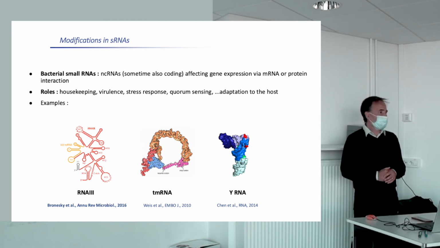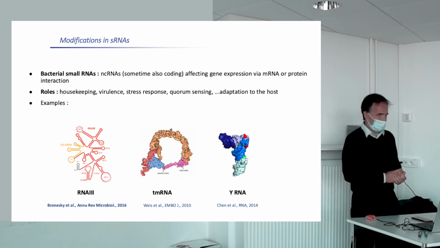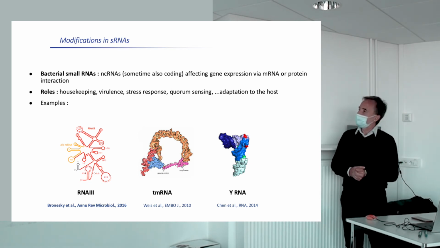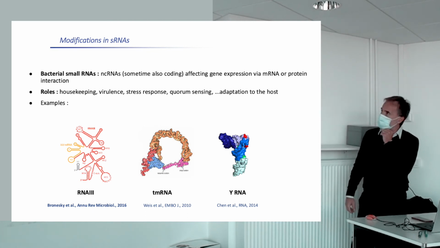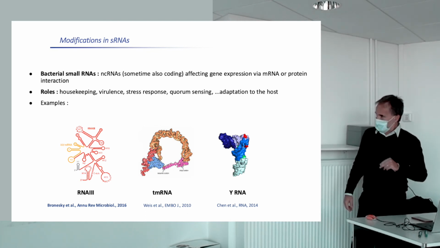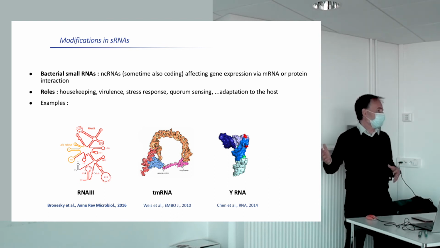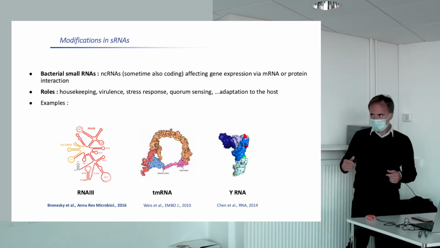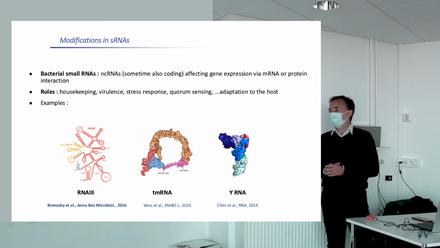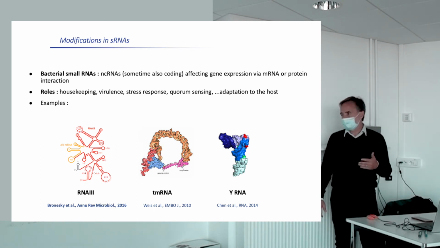We rapidly go through the other RNA molecules that can be modified in pathogenic bacteria. So this is another class, the small regulatory RNA. The class is named small regulatory RNA, but as you will see, in some cases they are not very small, like the RNAIII molecule here, which is more than 500 nucleotides, so not really small.